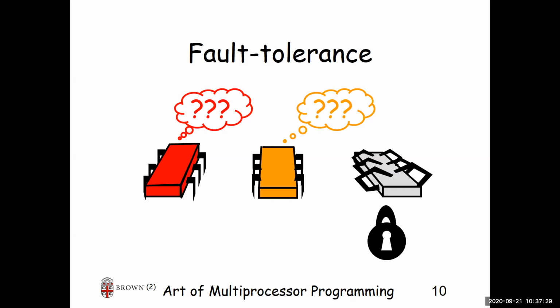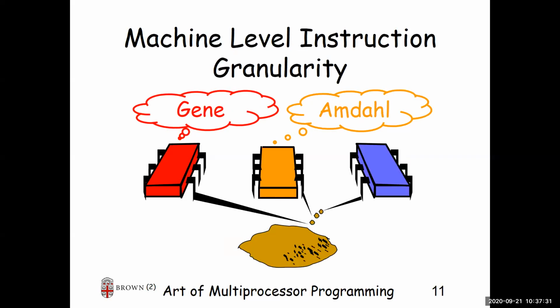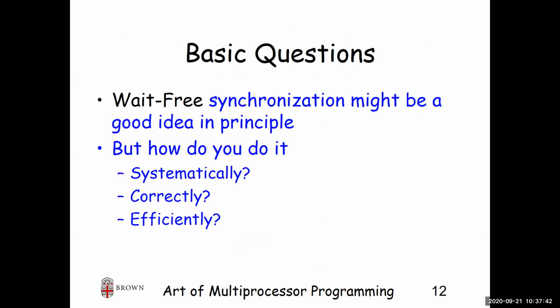So there's no fault tolerance there. And Amdahl's law will mean that you're spending time doing nothing, which means you're not going to get the speedup that you want. So wait-free synchronization might be a good idea in principle, but how do you do it systematically, correctly, or efficiently?